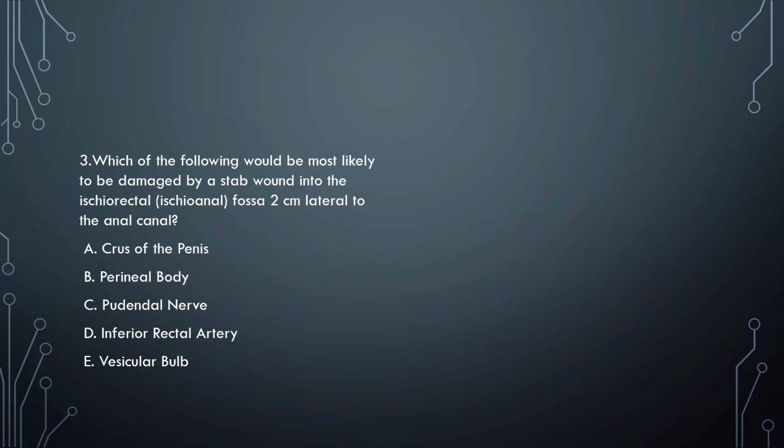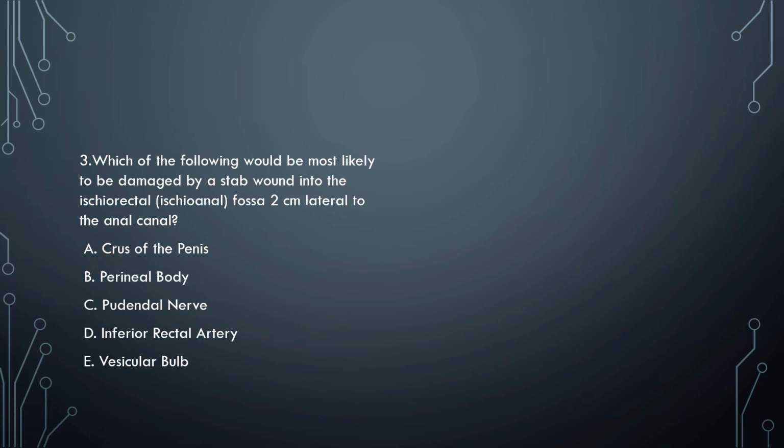Which of the following would be the most likely to be damaged by a stab wound into the ischiorectal fossa? Ischiorectal fossa, you have to remember, is the same as ischioanal fossa, 2 cm lateral to the anal canal. Is it the crus of the penis, perineal body, pudendal nerve, inferior rectal artery, or vestibular bulb?